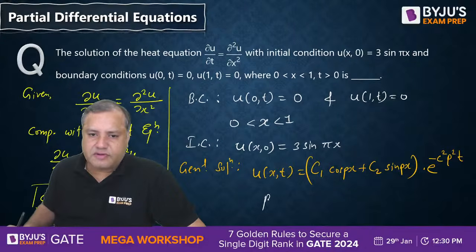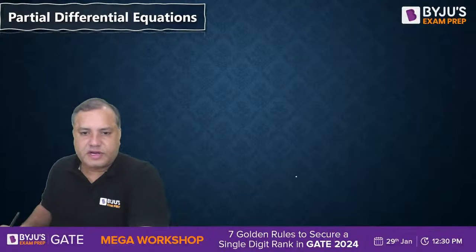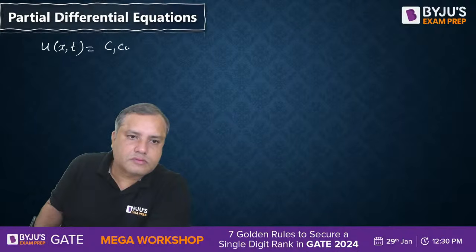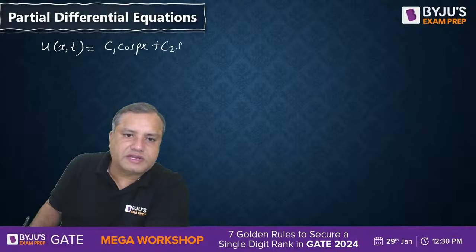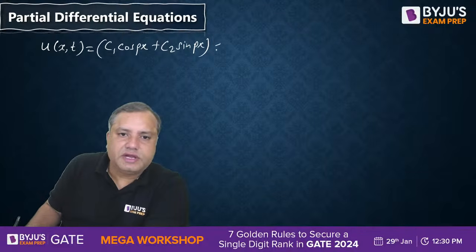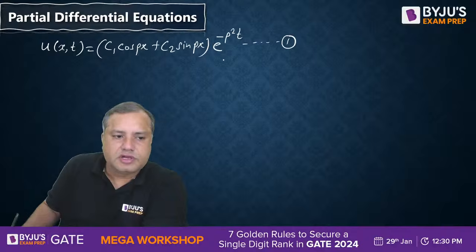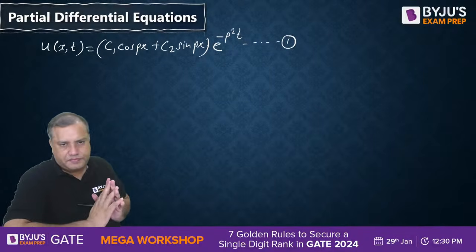So you will get u of x comma t equal to C1 cos px plus C2 sin px, e to the power minus p square t, equation number 1. So this is our general solution.